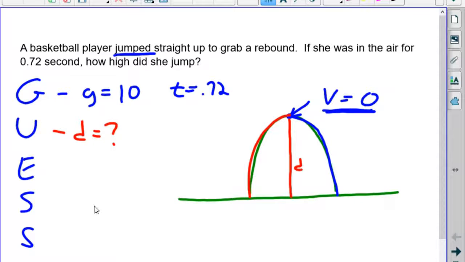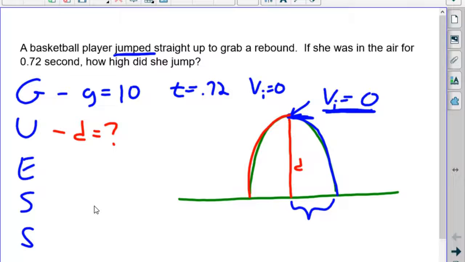And that's the way I want to look at it, because I want to look at the second half of the problem, so I can make this vi and say that the initial velocity was 0 as she fell from her height. So I'm going to fill in right here that vi equals 0. So now I've got three givens and I have my unknown.